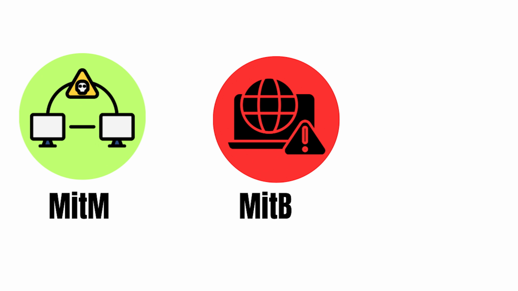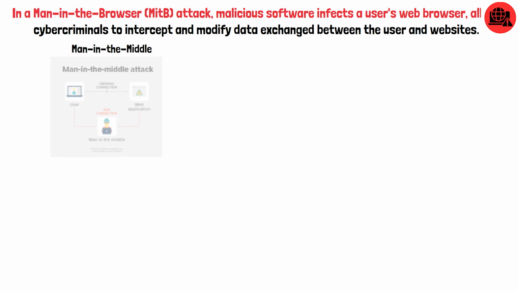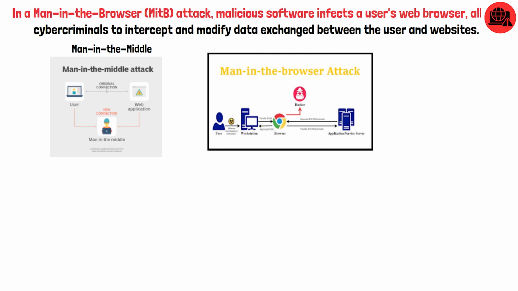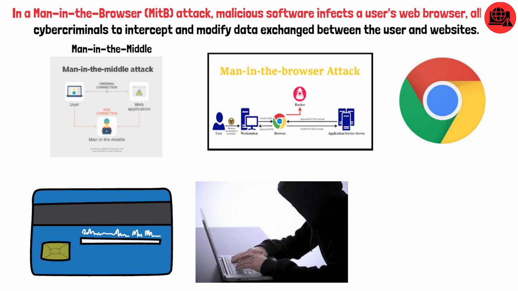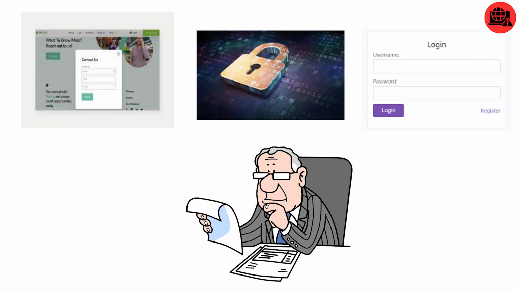8. Man-in-the-browser, MITB, attacks. In a man-in-the-browser attack, malicious software infects a user's web browser, allowing cybercriminals to intercept and modify data exchanged between the user and websites. Unlike man-in-the-middle attacks, MITB attacks specifically target the browser, enabling attackers to manipulate transactions, inject malicious code into web pages, or steal sensitive information such as login credentials and financial details.